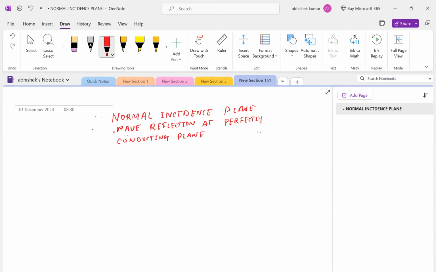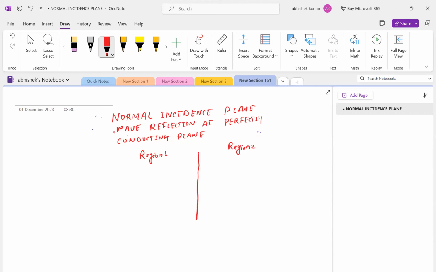Till now, what we were studying is that we have one interface and two media, region 1 and region 2. We are seeing the characteristics of the media in region 1 and region 2, which have different permeability, conductivity, like that.